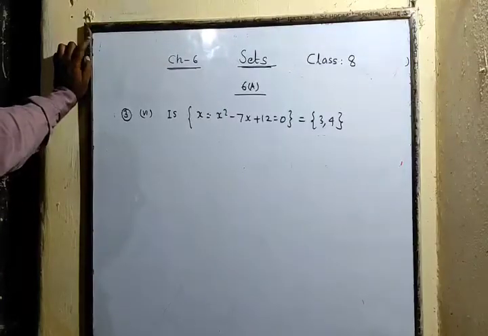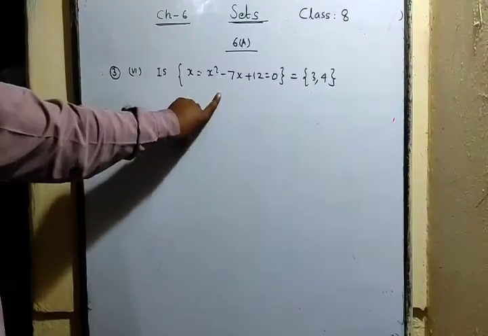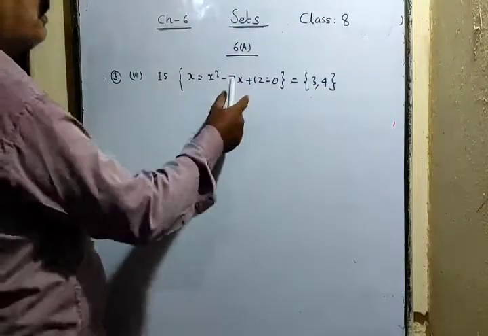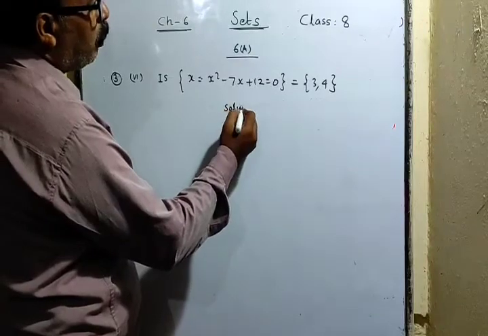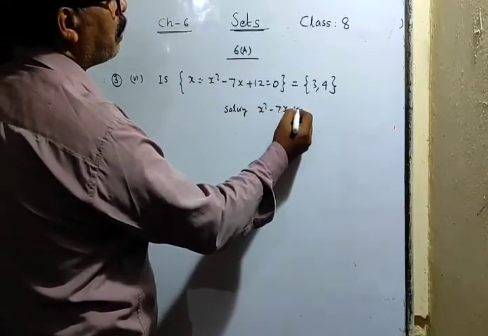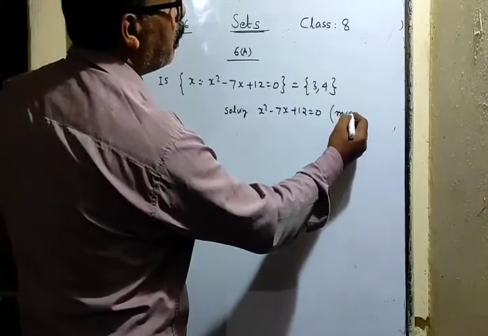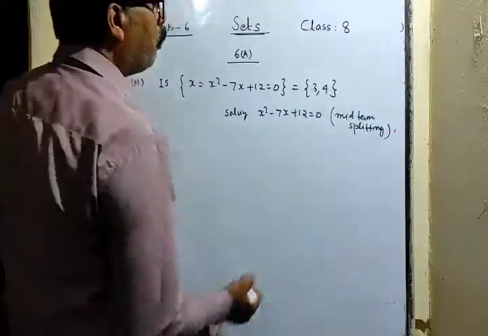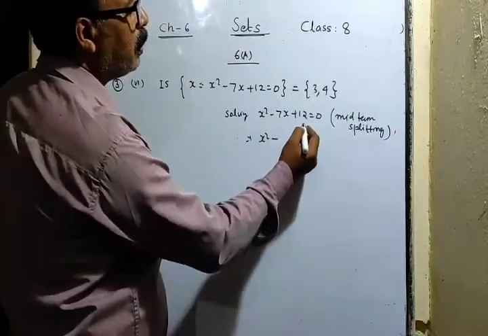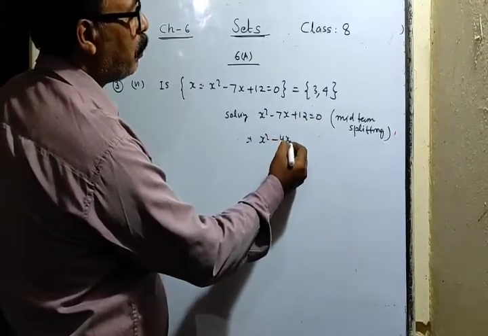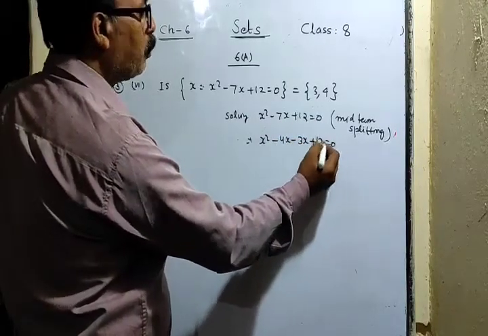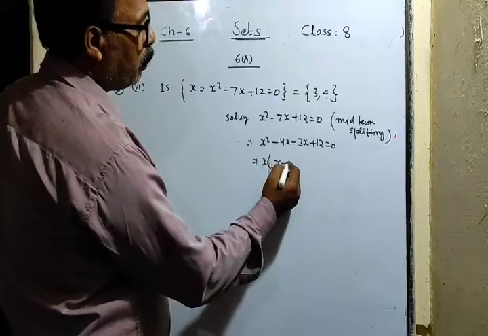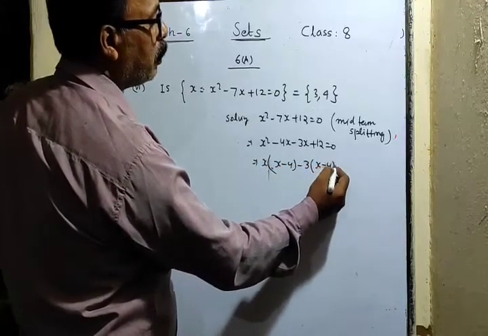Now we are in question number 3.6. It is written: {x : x squared minus 7x plus 12 is equal to 0} is equal to {3, 4}. It is a quadratic equation, so first we'll solve it. Solving x squared minus 7x plus 12 is equal to 0, we'll do middle term splitting, which we have already studied. So it will be x squared minus 4x minus 3x plus 12 is equal to 0, since 4 times 3 is 12 and 4 plus 3 is 7. Taking x common, x into (x minus 4), and 3 common, minus 3 into (x minus 4), is equal to 0.